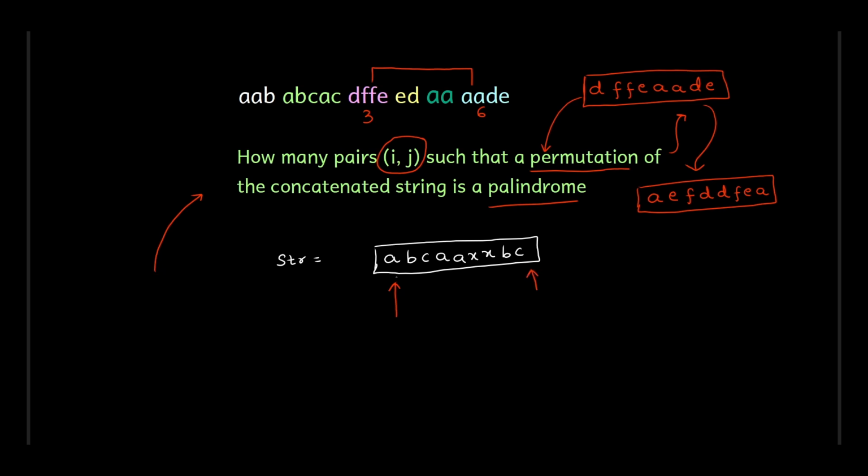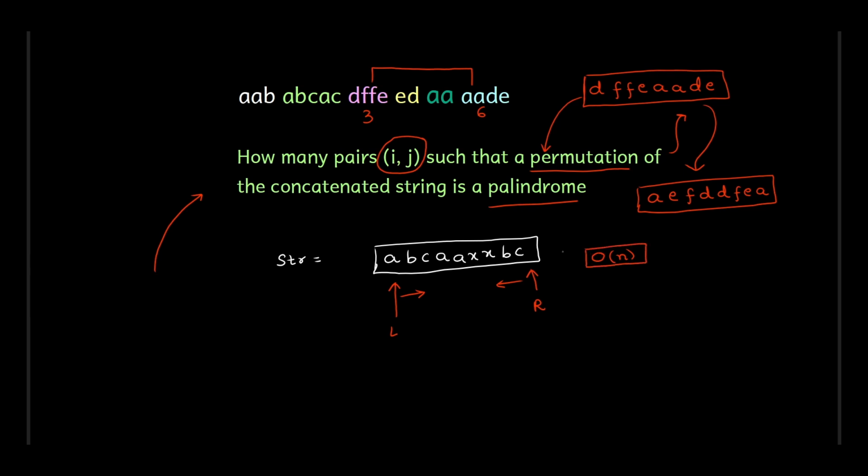As long as the left and right pointers point to identical characters, you keep on moving the pointers forward or backwards, and at the end you will have an O(n) algorithm to compute whether this string by itself is a palindrome or not.